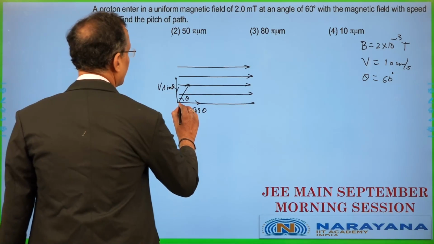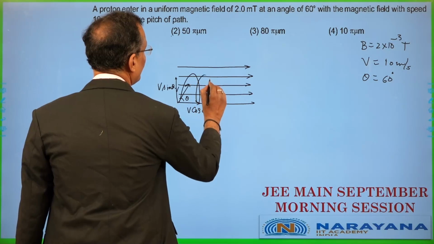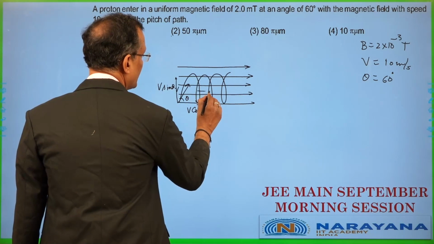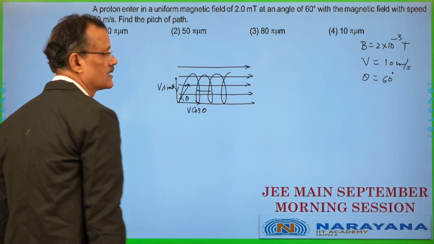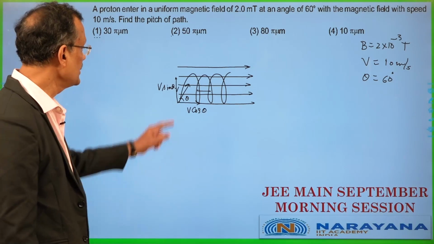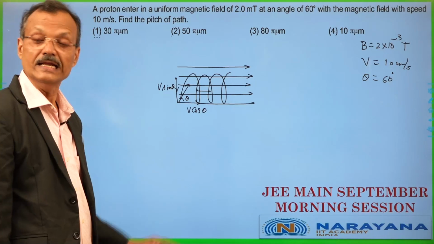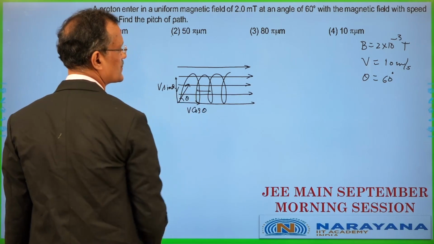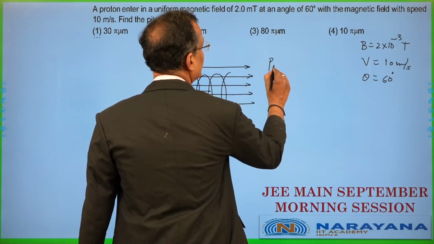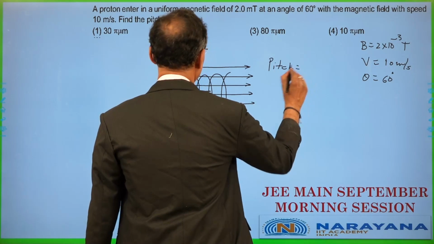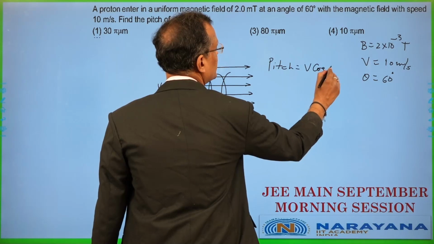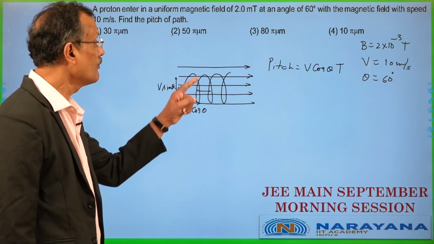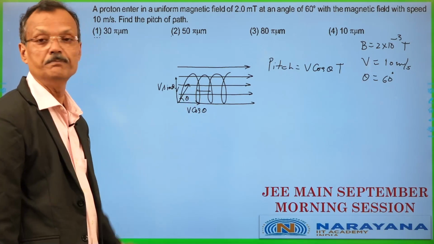The distance between any two turns in a helix is called pitch. How much will this distance be? So my pitch will be equal to v cos theta into time period. Now we want the time period.